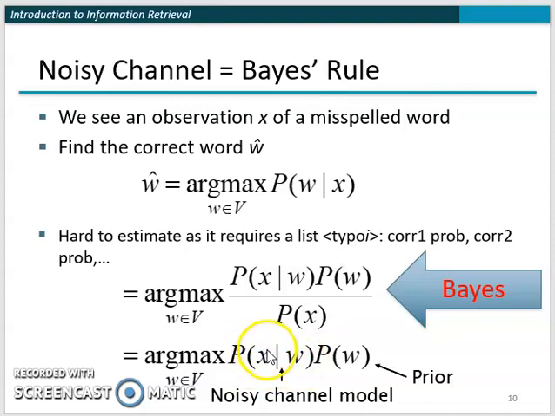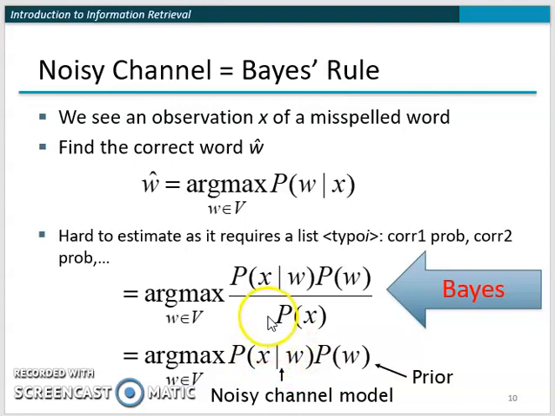We want to estimate this probability, P of X given W. What kind of data do we need for this probability? We need a data set which shows how many times this word W was written as X.